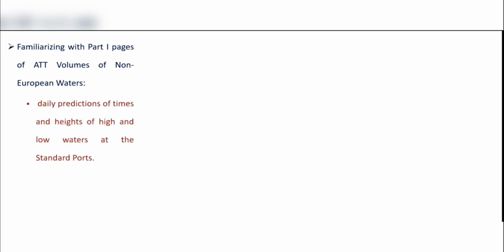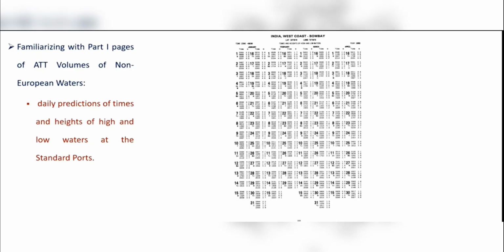We shall now familiarize ourselves with the pages contained in part 1 of the Admiralty Tide Tables, the volumes that cover the non-European waters. This page in part 1 contains daily predictions of times and heights of high and low waters at the standard ports. The page looks somewhat like this.